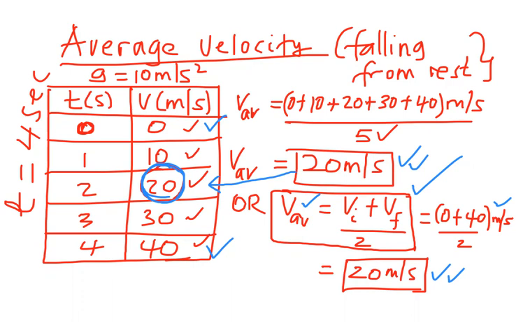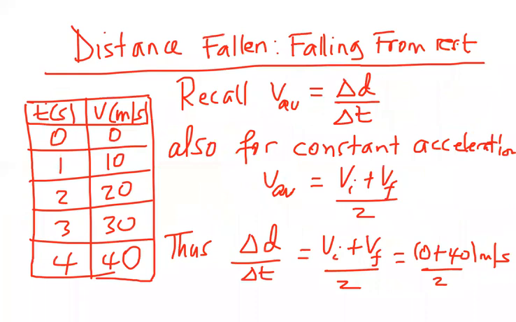All right, so how about distance fallen? Sometimes it is important to know how far an object has fallen. So remember the average velocity from the previous discussions. In general, average velocity is the total distance covered divided by the total time taken.